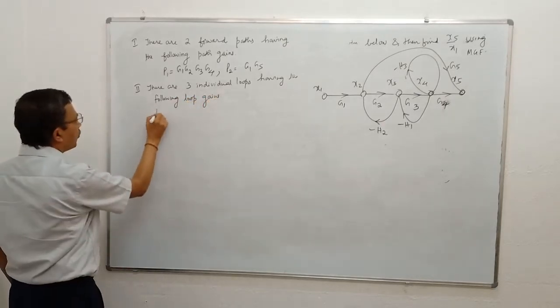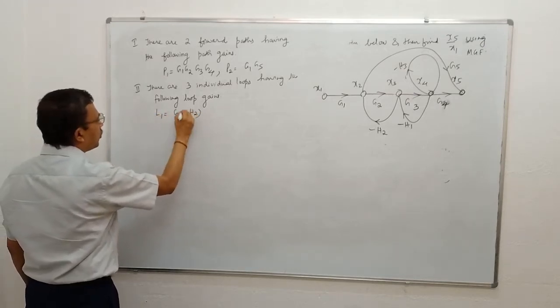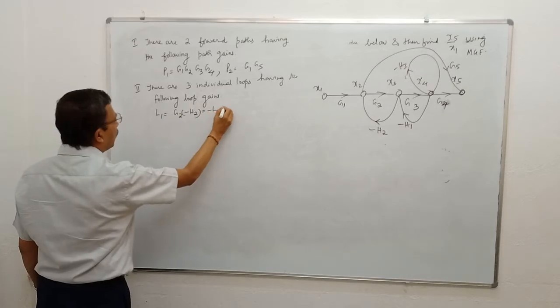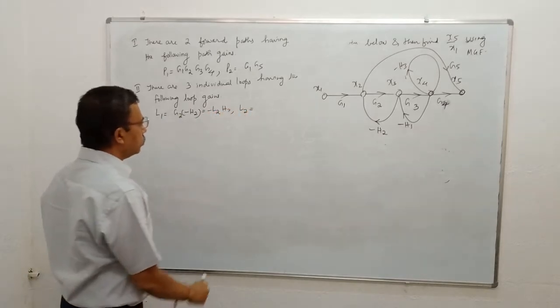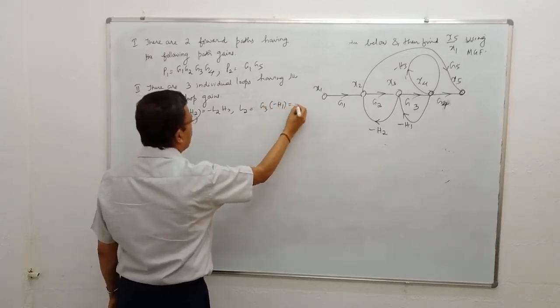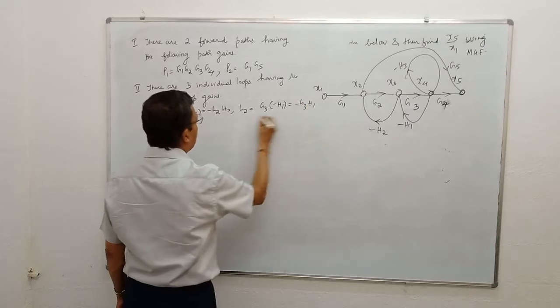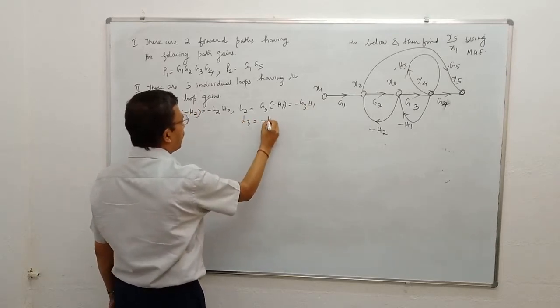L1 is equal to G2 into minus H2, which gives minus G2 H2. L2 is equal to G3 into minus H1, which gives minus G3 into H1. L3 is equal to minus H3.